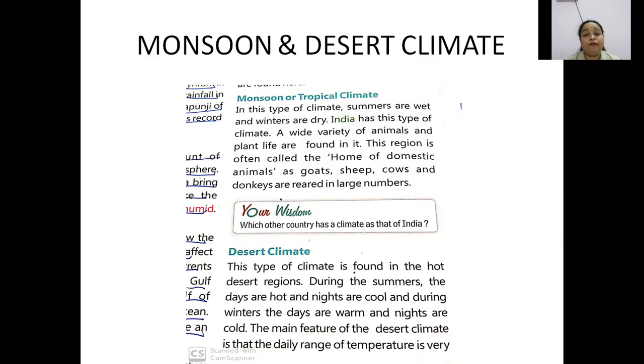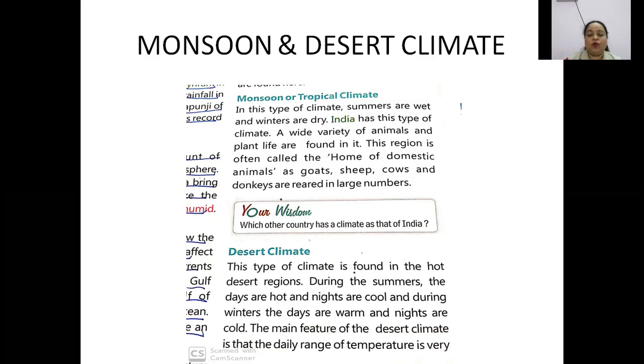We don't get any rainfall during the winters. India has this type of climate. So if anybody asks which type of climate India has, everybody should answer that India has a monsoon type of climate.